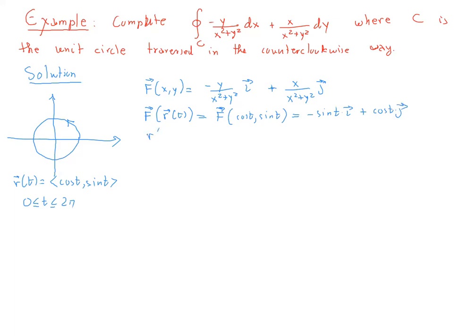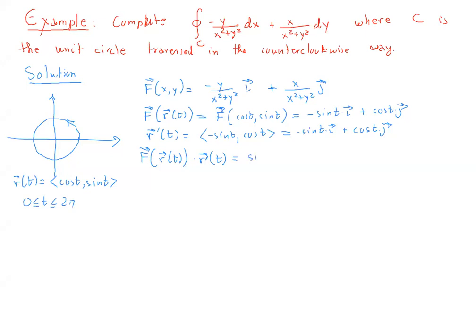And the velocity is going to be minus sine t, cosine t. If you want me to use the same notation with i and j, it's precisely the same thing. Which means that when you eventually take the dot product between the pullback of the vector field onto the domain of the parameterization and the velocity, what do you get?